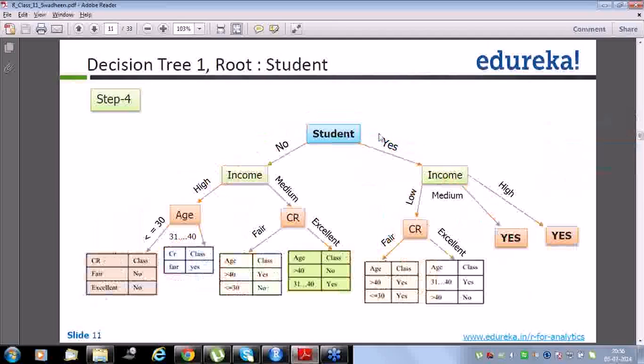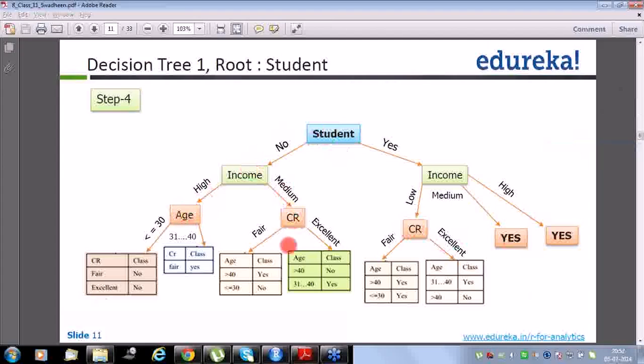Right. So even we split the tree based on credit rating. If he is not a student, income is medium, then it's further split based on credit rating. But if he is not a student, falls in the high income group, now the branch is split based on age.